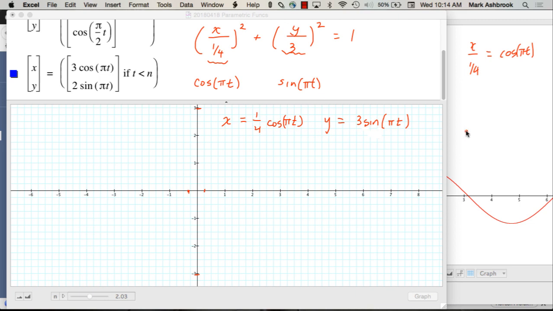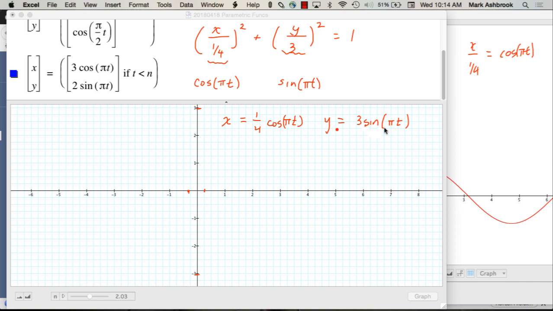Yeah. So in that one your argument is pi t, but in the other example it's pi over 2 t. How do you determine that? She's saying in the previous example it was pi over 2t. Which is right?